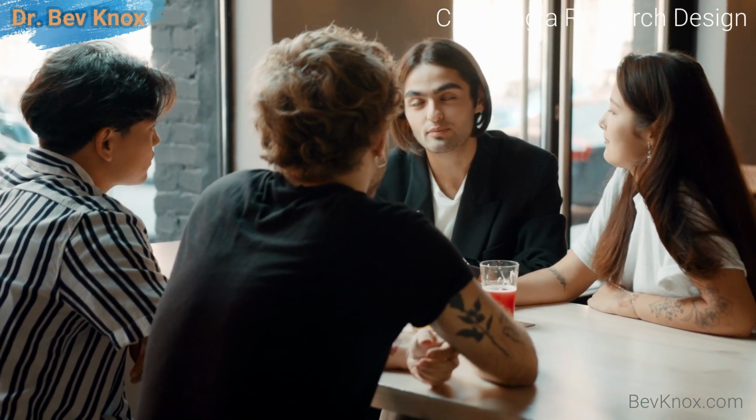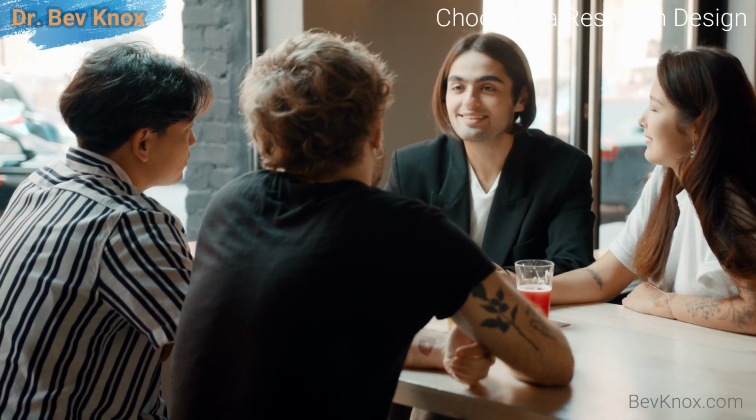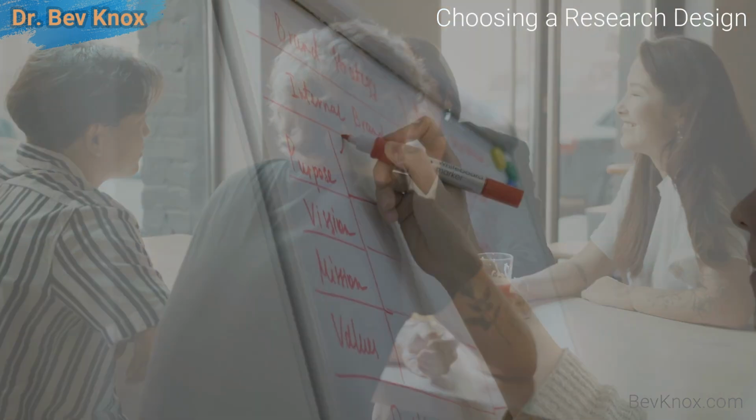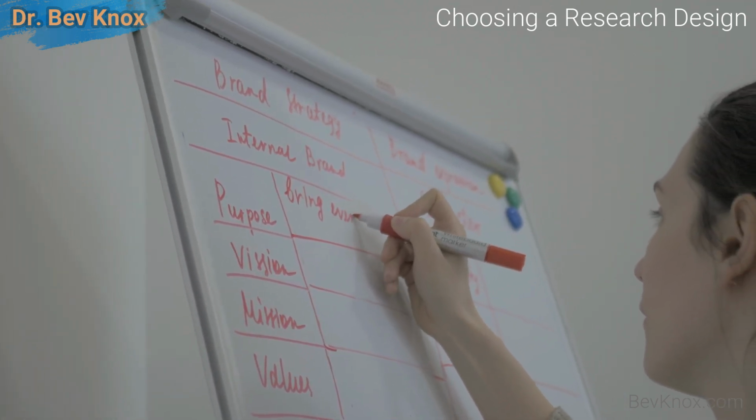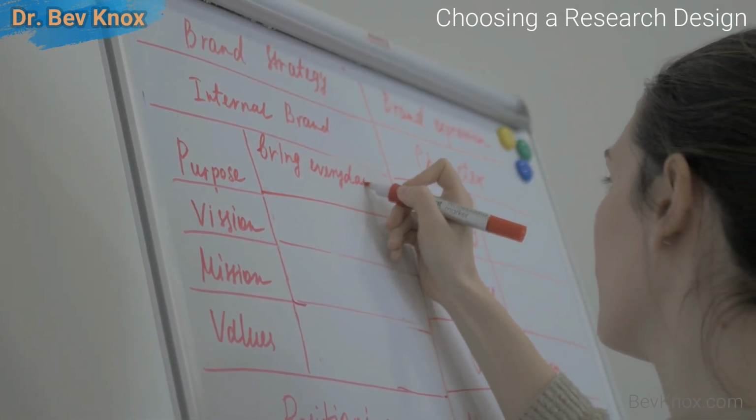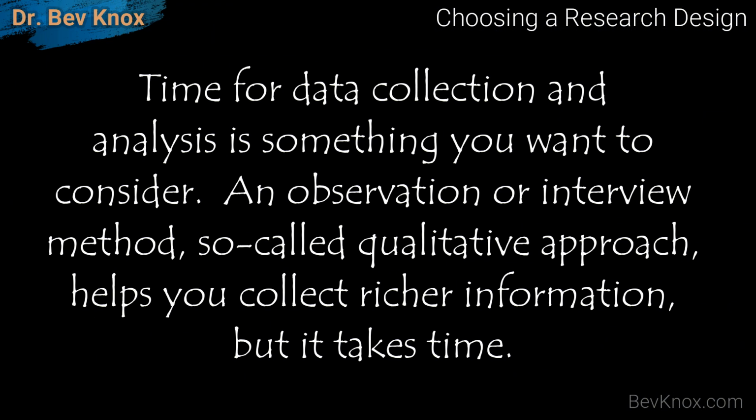Okay, so another question that you may have could be, what other factors should I consider when choosing one method over another? Well, time for data collection and analysis is something you would want to consider.